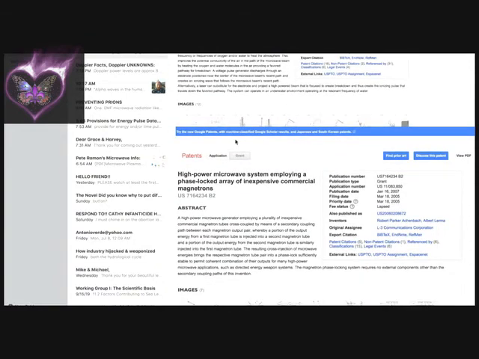High-power microwave system employing a phased lock array of inexpensive commercial magnetrons. A high-power microwave generator employing a plurality of inexpensive commercial magnetron tubes cross-coupled by means of a secondary coupling path between each magnetron output pair, whereby a portion of the output energy from the first magnetron tube is injected into a second magnetron tube, and a portion of the output energy from the second magnetron tube is similarly injected into the first magnetron tube.